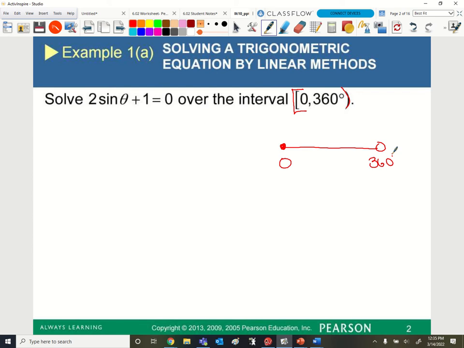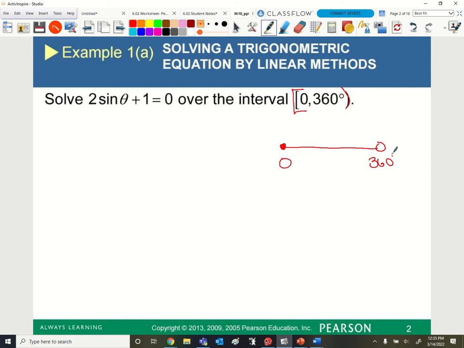Can it be equal to 360? No. 360 cannot be one of my answers. But can 359 be an answer? Yes. It's everything all the way up to 360, but not including 360. Can 0 be one of my answers?